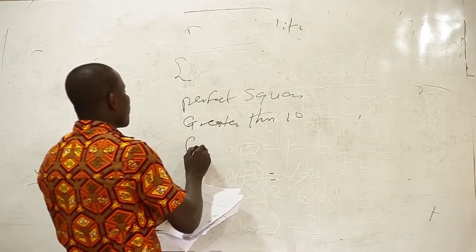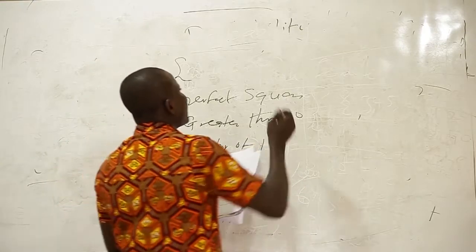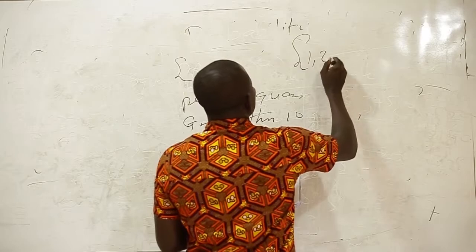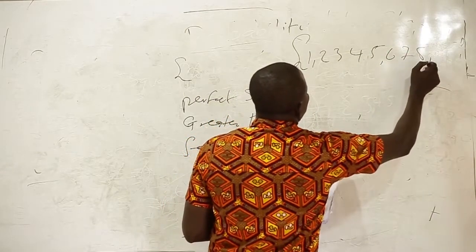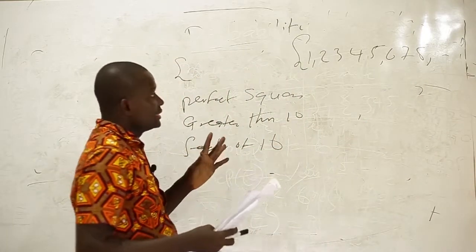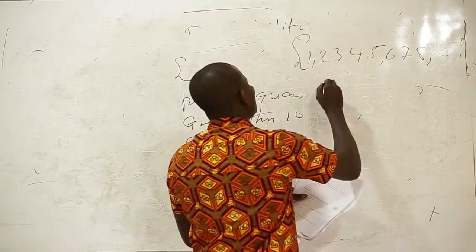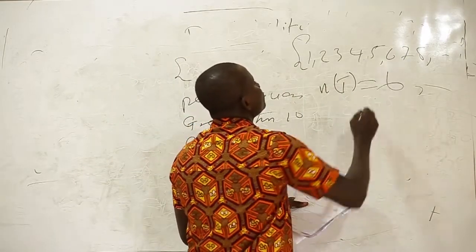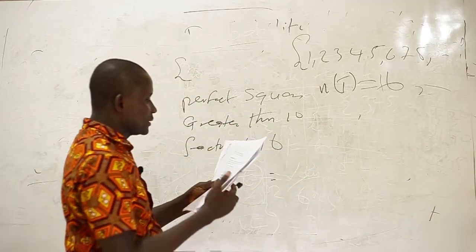Then a factor of 16. So what you have to do is list 1, 2, 3, 4, 5, 6, 7, 8, 9, up to 16. After you do that, the total number of elements in the set, n(total), I am just giving the clue, will be equal to 16. Then he begins to ask you these questions.